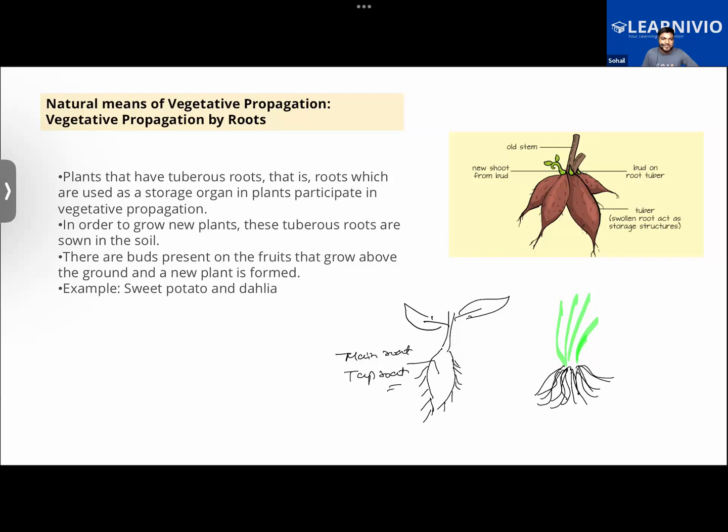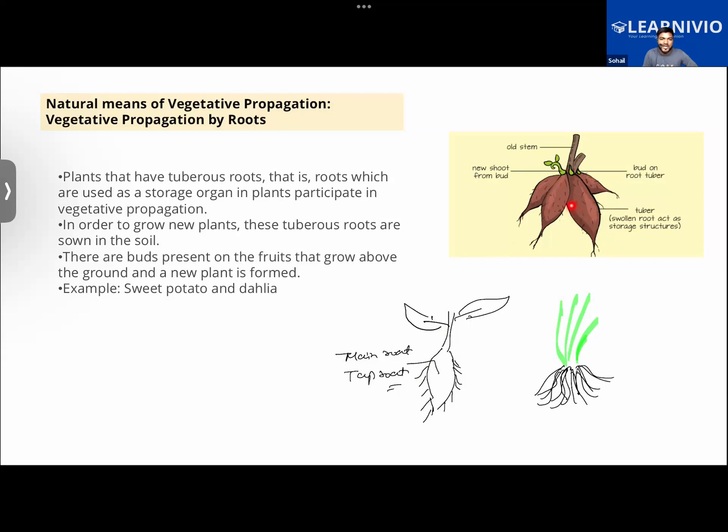So we learned about vegetative propagation by the roots, where we learned that from the parts of the roots, buds grow. Buds have a small tissue-like structure that will grow into a plant later on. There are some roots that are modified roots, like the tap roots, and they are modified to store food.